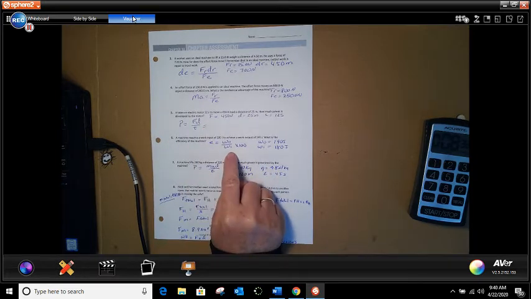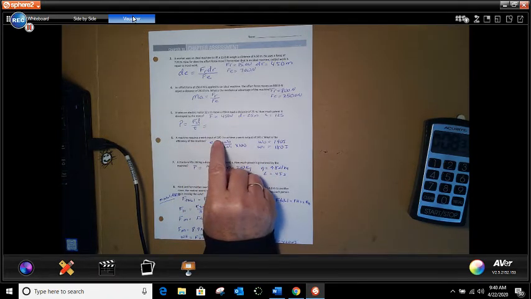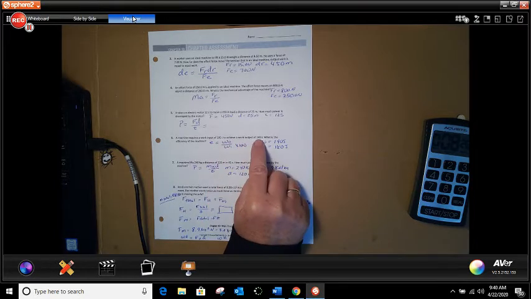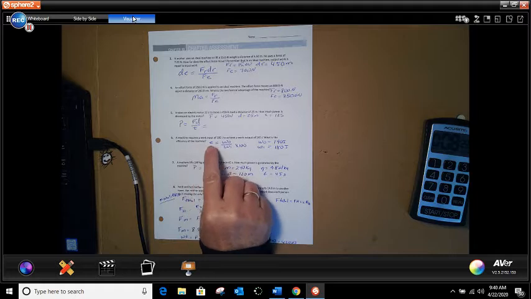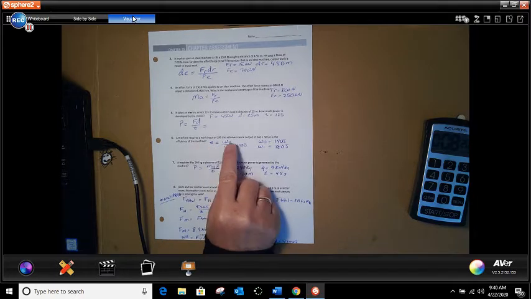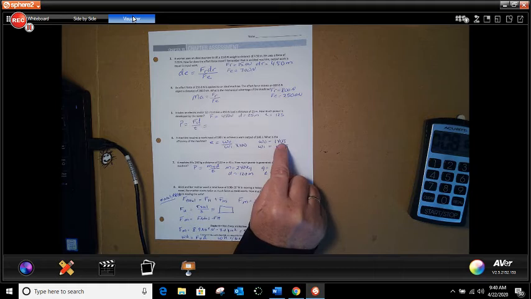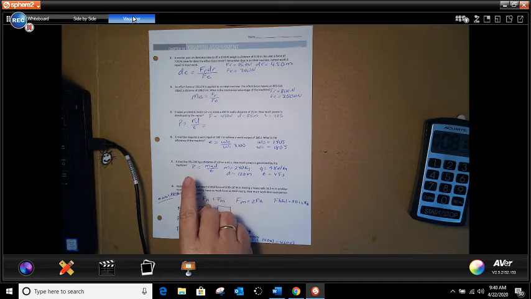Number 6, a machine requires an input of 180 joules to achieve a work output of 140 joules. What is the efficiency of the machine? So we're looking for the efficiency, which is work out divided by work in times 100. Work out is 140, work in is 180, and you just do the math on that.